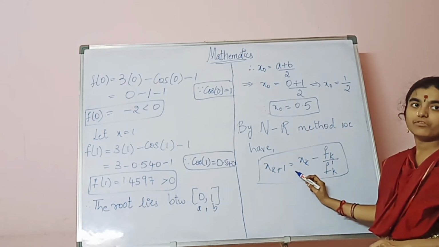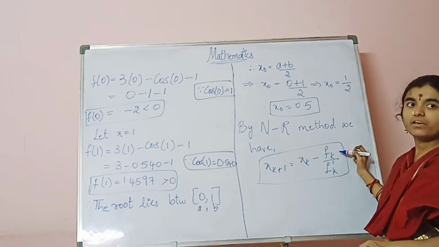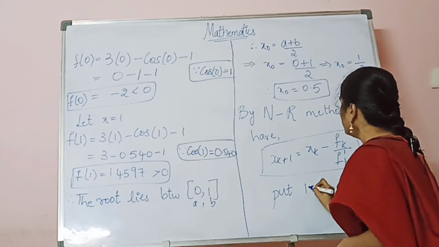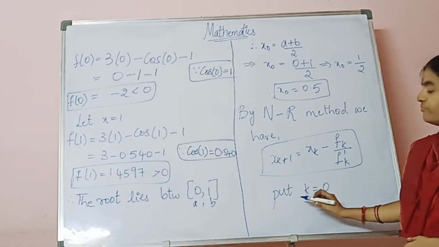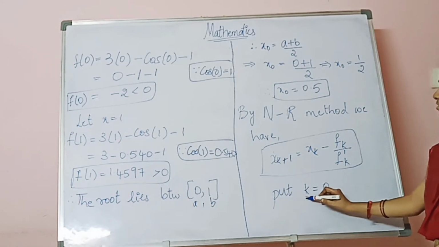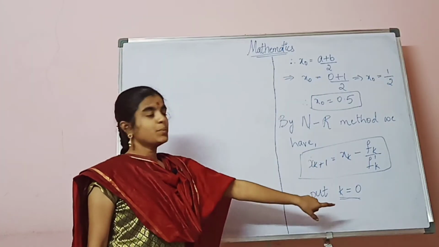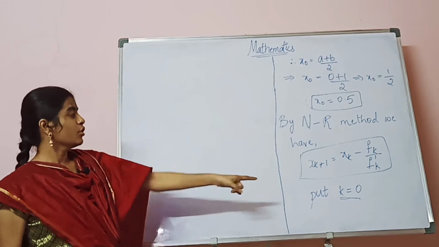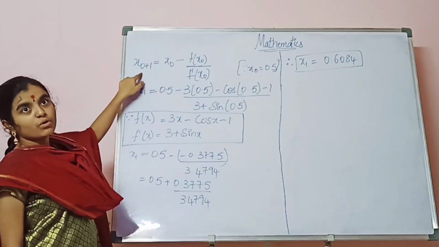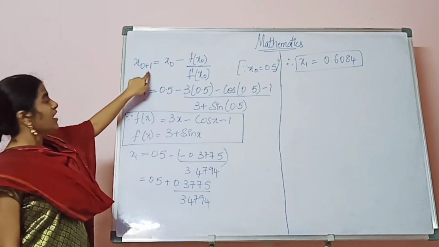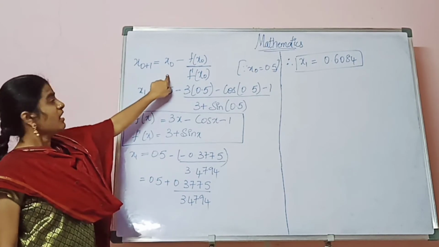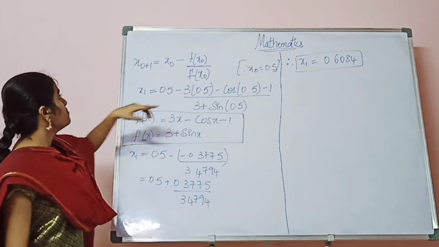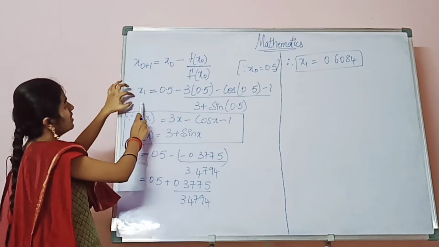So put k equals 0. In the place of k we take 0. So x0 plus 1 equals x0 minus f of x0 by f dash of x0. So x0 plus 1 is x1 here.